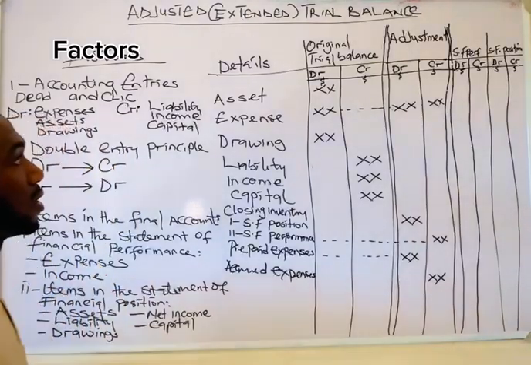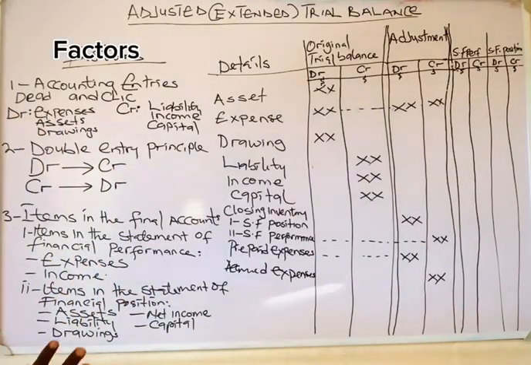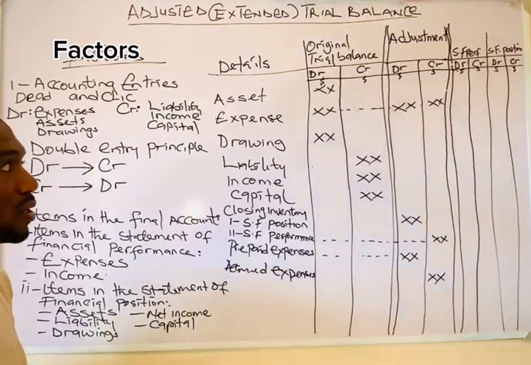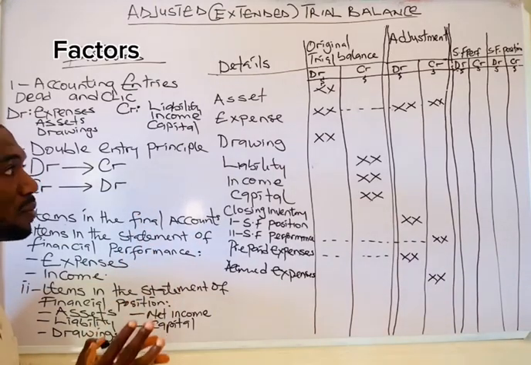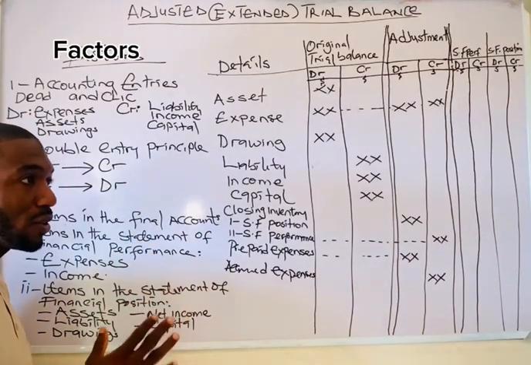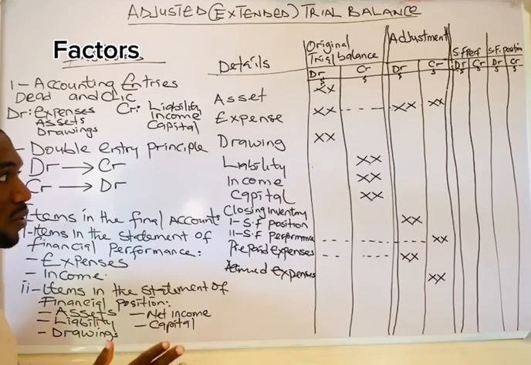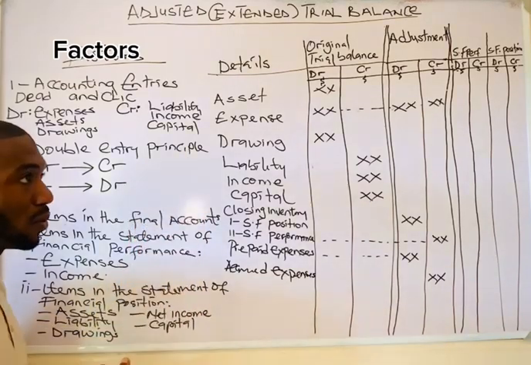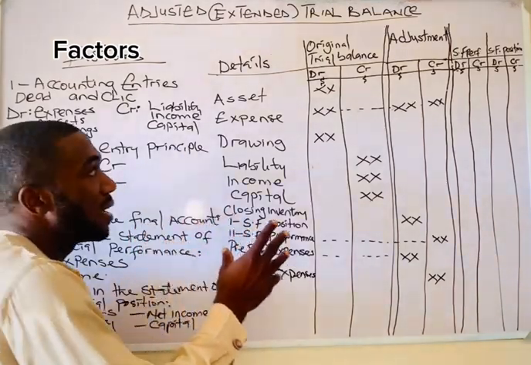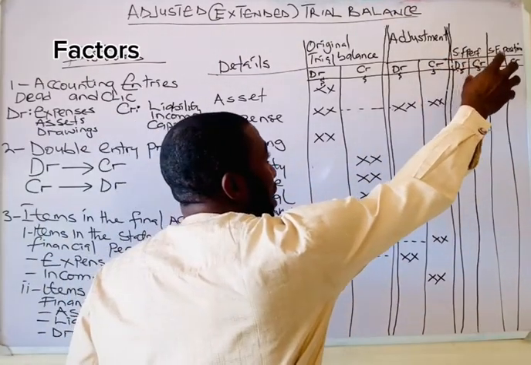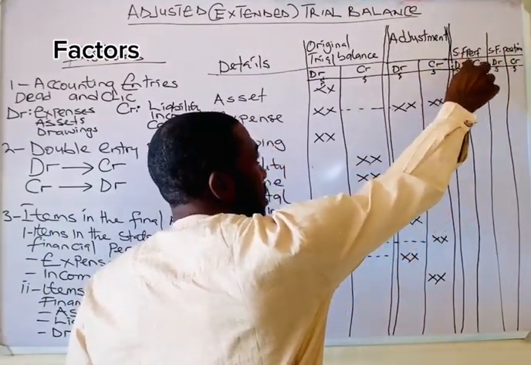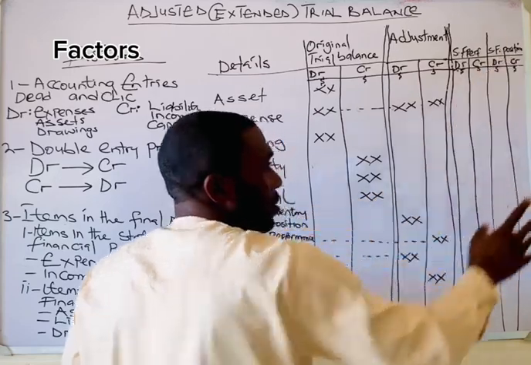Simple as that. So now the adjustment begins. I hope you're following. After having the final column, the adjustment begins. You minus or you plus. You net the accounts up to get the final balance that will be used to prepare our financial statements, the statement of financial position and the statement of financial performance.